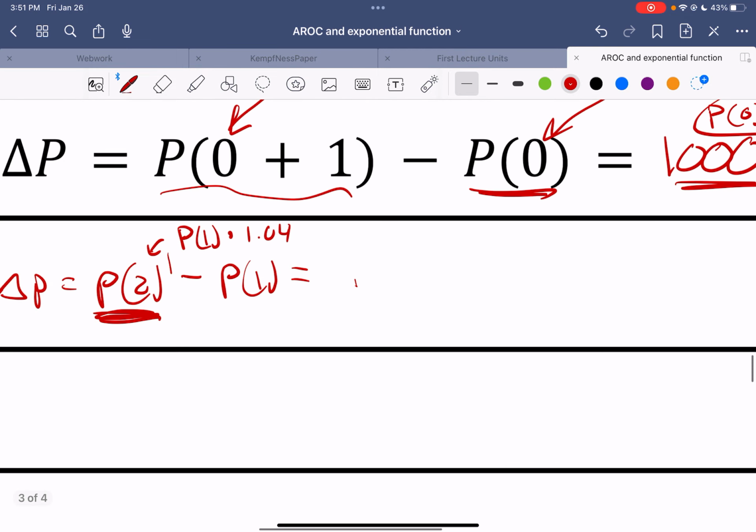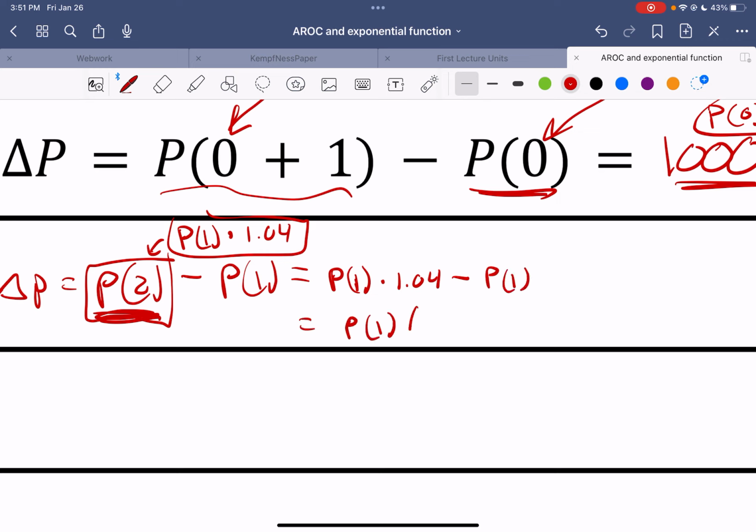So instead of writing this, I'm going to write this. I have P at 1 times 1.04 minus P at 1. And now I'm going to factor out a P at 1. And I have 1.04 minus 1. So this is my population at time 1 times, well, I mean, it's 4% of my population at time 1, but yeah, so times 0.04, okay?